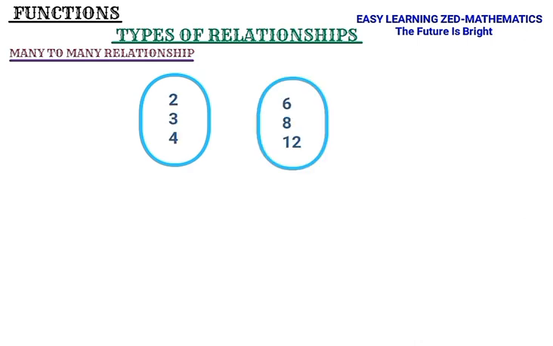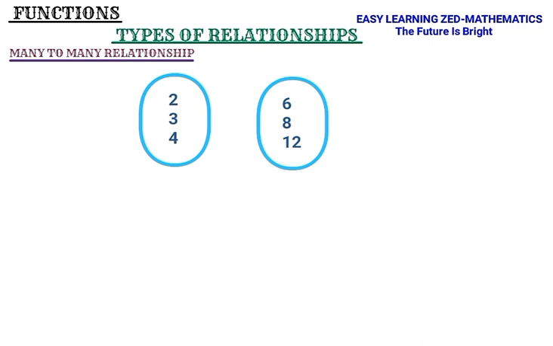The set on the left side is made of factors of numbers, and the set on the right side is made of numbers. You can call them multiples or just numbers, which these numbers on the left side can go into.